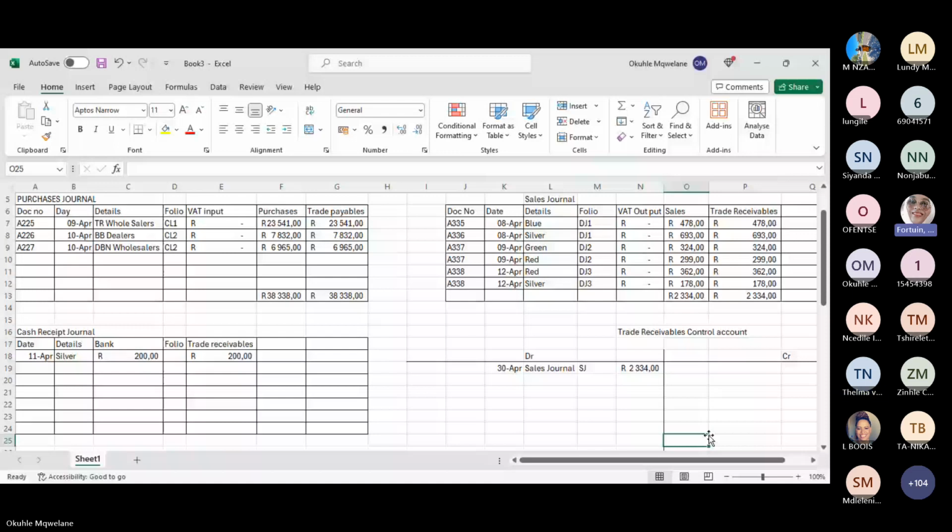Yes, it will go through, and then it will be revealed in the trial balance after this stage. Then you will pass journal entries to rectify it afterwards, in real life. Okay, thank you.